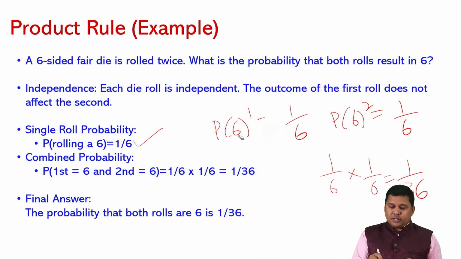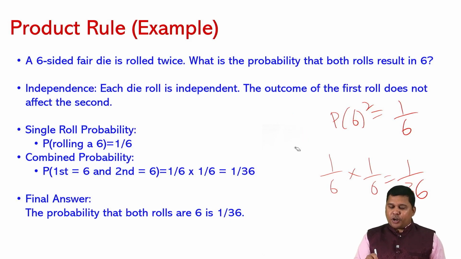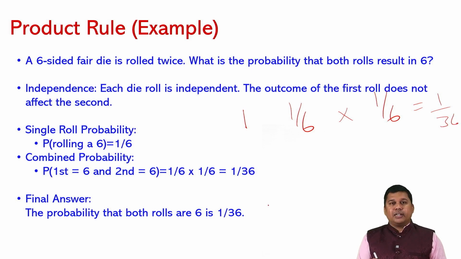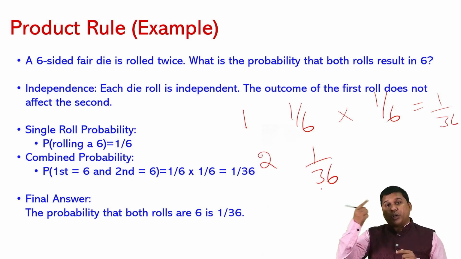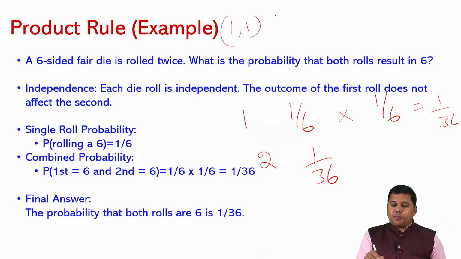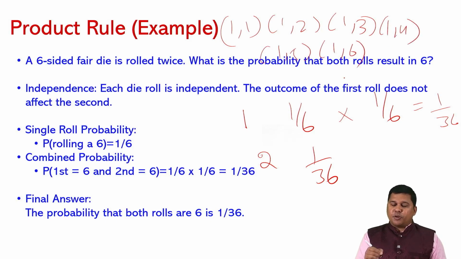Normally, even without this product rule, maybe you can guess the outcome of this. How? Getting 1 is 1 by 6 the first time and getting 1 the second time is 1 by 6, so totally it is 1 by 36 for getting 1, 1. Same way getting 2, 2 is also 1 by 36. That's why we have combinations: 1 comma 1 is possible, 1 comma 2 is possible, 1 comma 3, 1 comma 4, 1 comma 5, 1 comma 6 are possible.